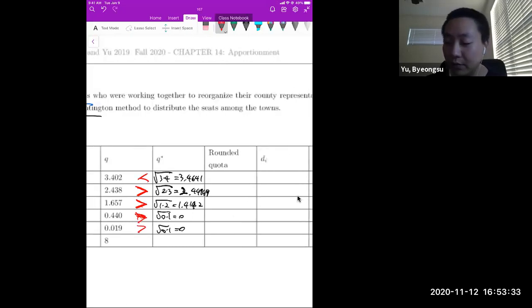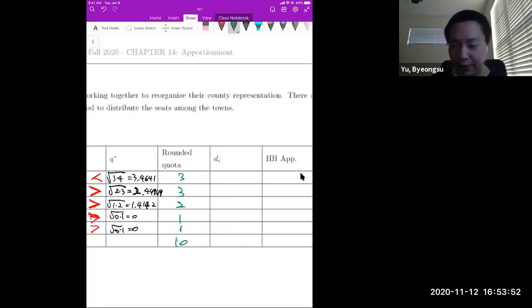So the rounded quota for the first line should be 3 because we round down, and for the other lines we round up. So you get 3, 2, 1, 1, and if you add all the numbers, you get 10. So we need to reduce this by one seat, right?